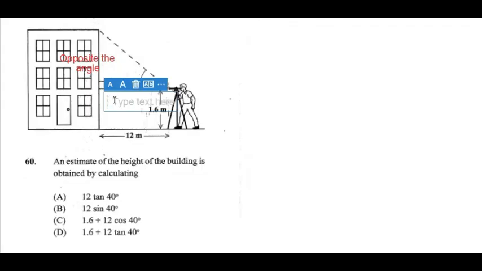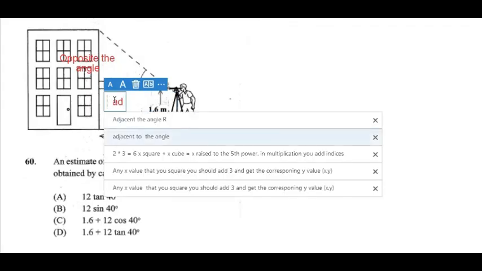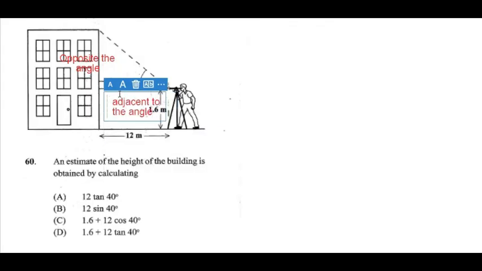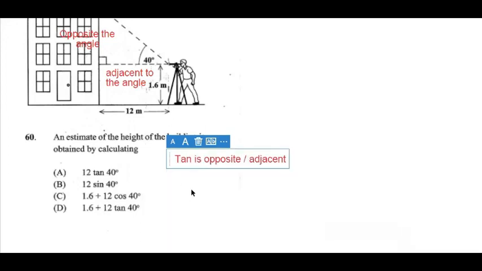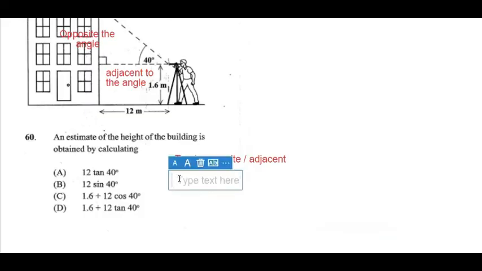So we're looking for which formula includes both opposite and adjacent, and by now we know that it is tan, which is opposite over adjacent. But this angle of elevation only represents 3/4 of the building. But let me just work out what that 3/4 of the building is.